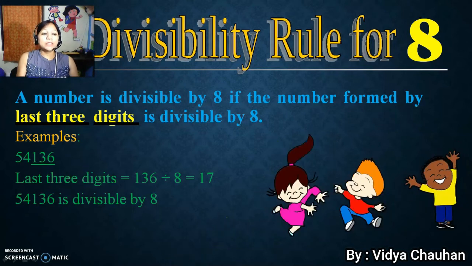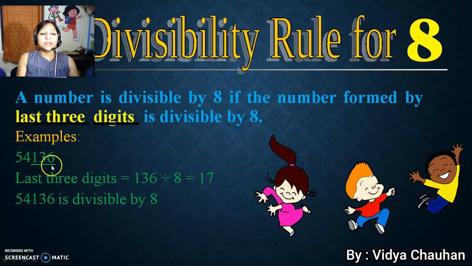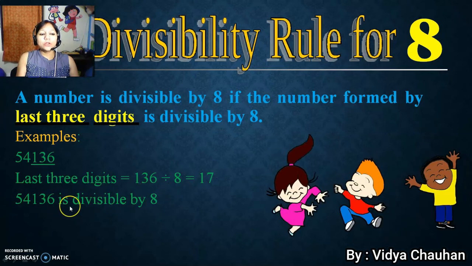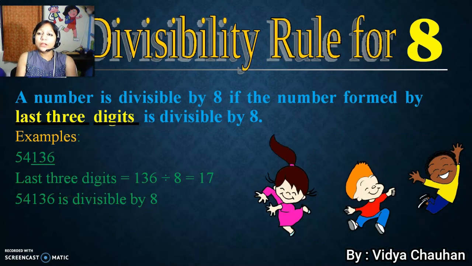As you can see, I have taken the example 54,136, and the last 3 digits form the number 136. And yes, 136 is divisible by 8, that means the complete number is also divisible by 8. So this is the divisibility rule for 8.